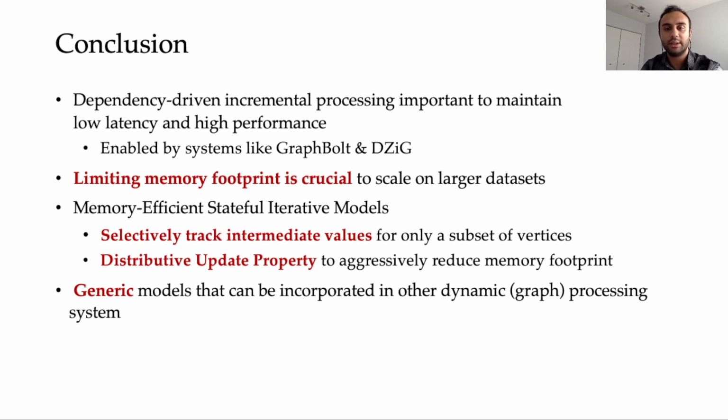Our selective stateful iterative model tunes the memory footprint depending on the available memory to maximize the benefit of incremental processing. And our minimal stateful iterative model exploits the distributive update property to aggressively prune out the intermediate state.